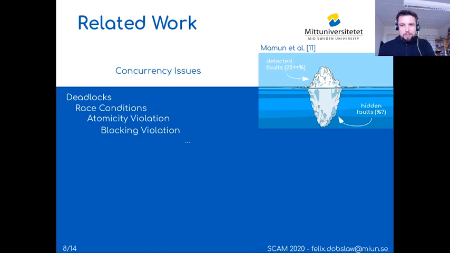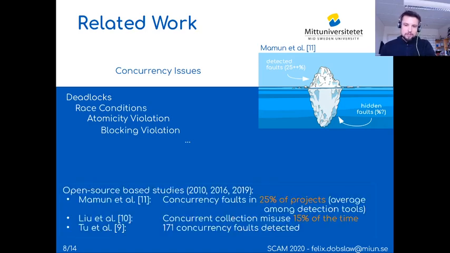They executed different concurrency failure tools in order to find failures, and they detected that different tools found problems in about 25% of the projects, and different problems in the different projects. So there are many concurrency issues out in open source, and there is a list of other references that we've placed in the work.